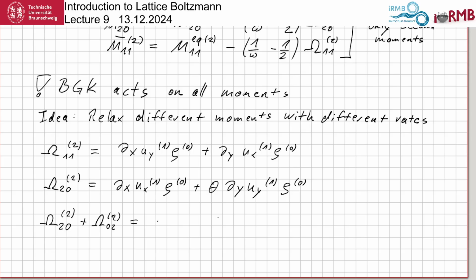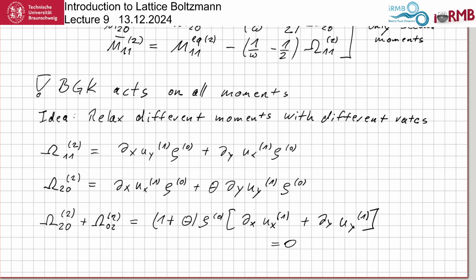And this will then look like this. So you have 1 plus theta. I hope these are all right because I'm just writing them from the script. dx ux to first order plus dy uy to first order. And now you have to remember that to first order, the divergence has been identified to be 0.